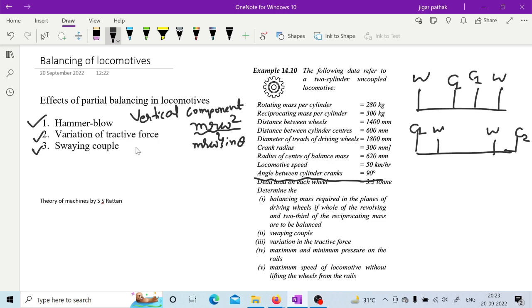Now once you are done with this hammer blow, next is the variation of tractive force. Now variation of tractive force is going to come into picture because of that particular horizontal component, that is (1 minus c) m r omega square cos theta.